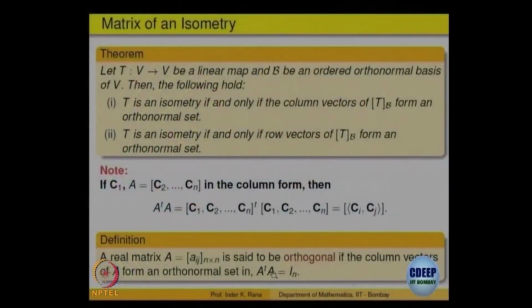So the matrix of an isometry is an orthogonal matrix. You can rewrite the theorem: T is an isometry if and only if its matrix is an orthogonal matrix. Saying the row vectors also form an orthonormal set is the same as saying not only A transpose A is identity but A A transpose also is identity; both are the same.